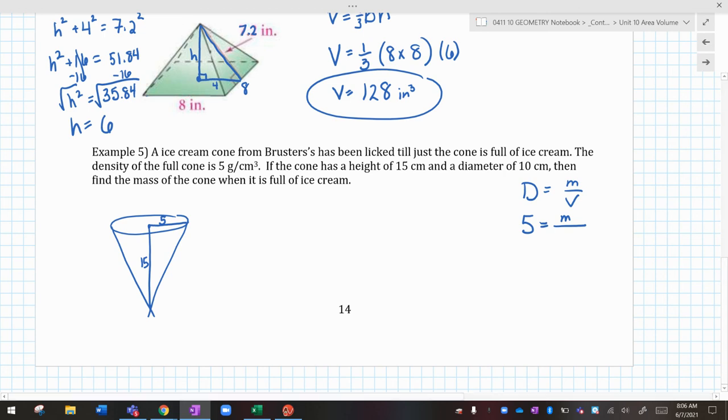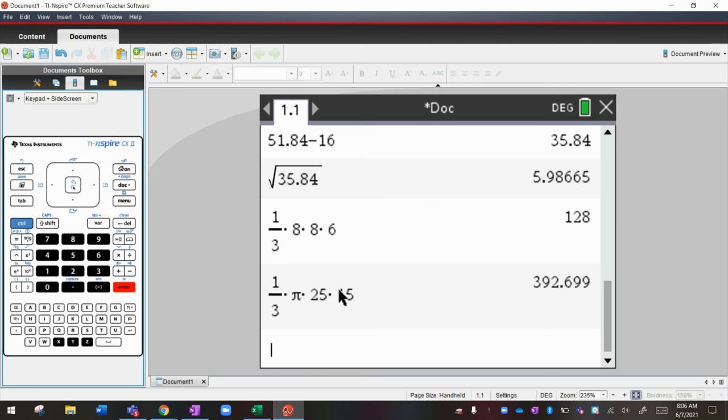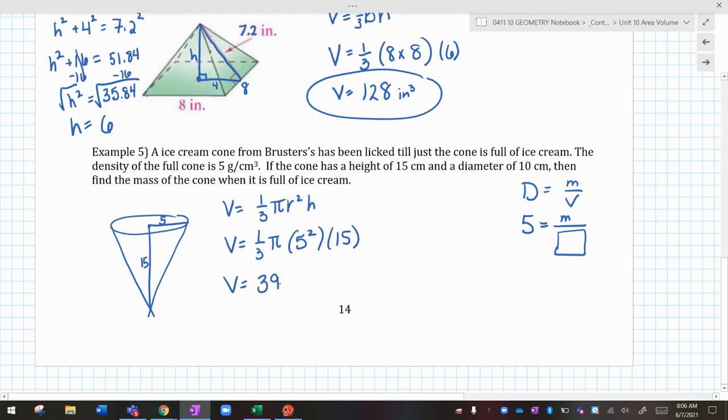Since they want me to solve for mass, that must mean that I should be able to solve for the volume first and then use that formula. Well, the volume of a cone is 1/3 pi r squared h, which is 1/3 pi 5 squared times 15. All right, let's figure that out. 1/3 pi 5 squared 15, 392.699.